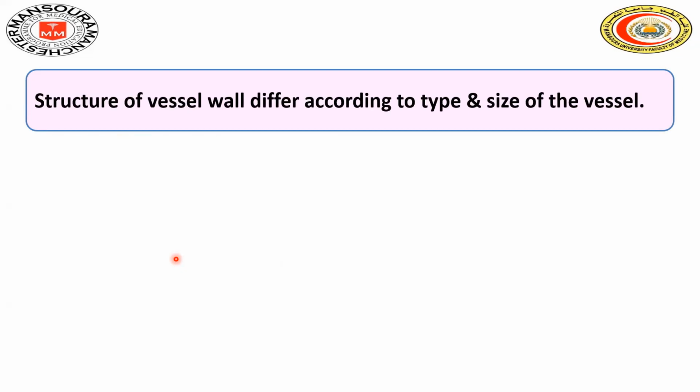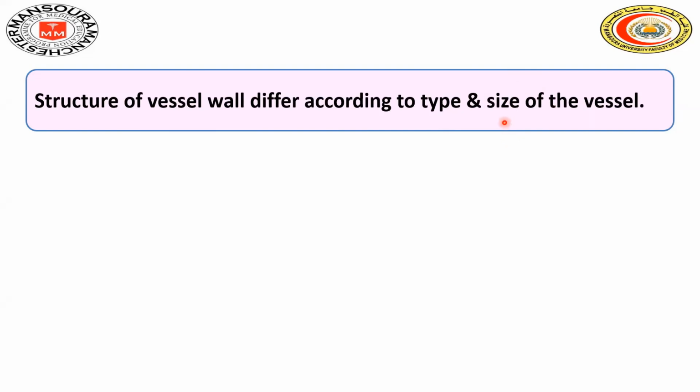The structure of vessels differs according to its type and size. So the structure we mentioned now, the three layers, intima, media, and adventitia, will differ according to the type. It differs in arteries from veins, and according to size, it differs between large artery, medium-sized artery, or arteriole.